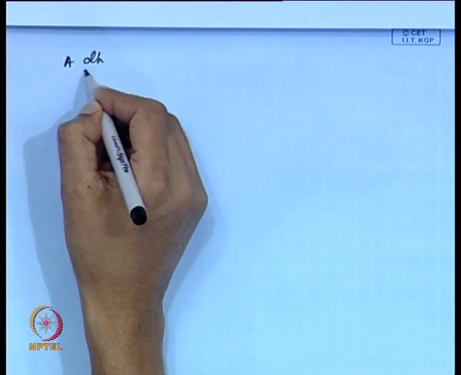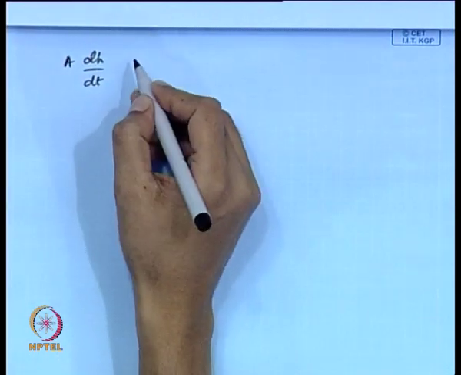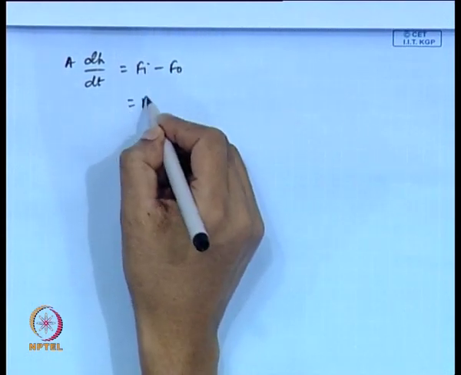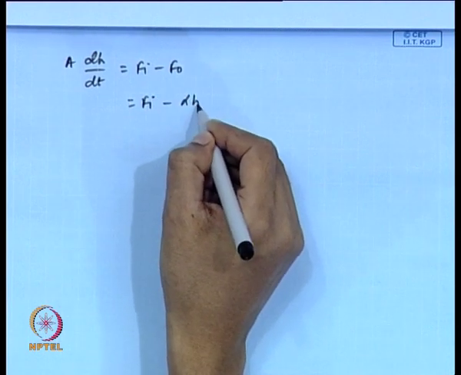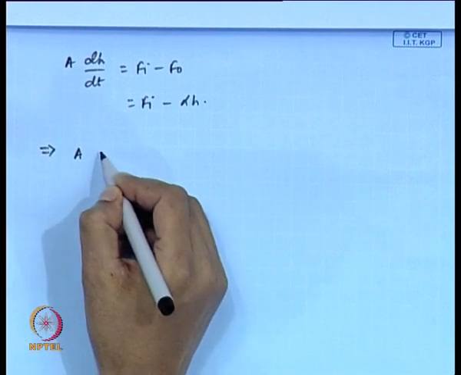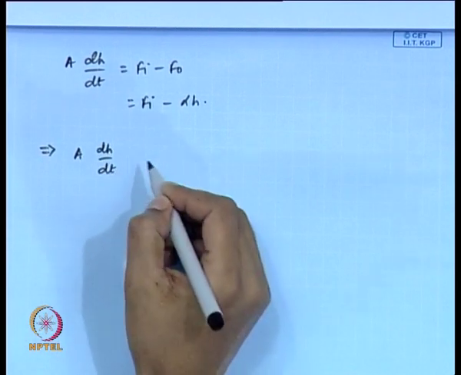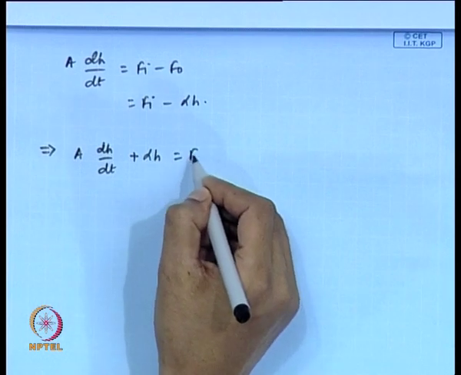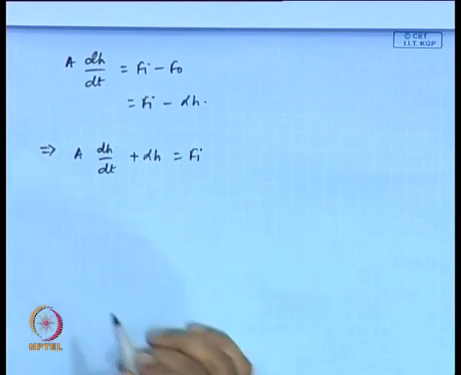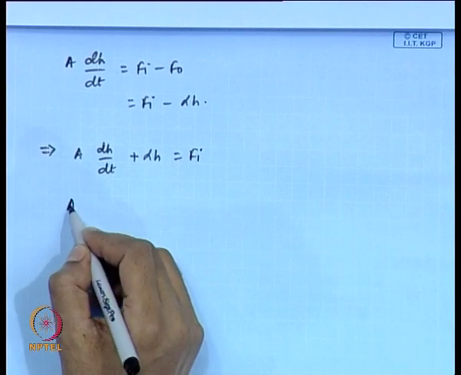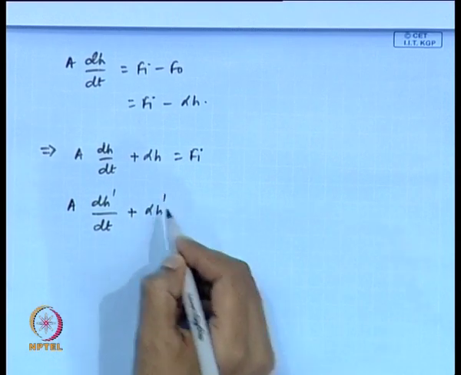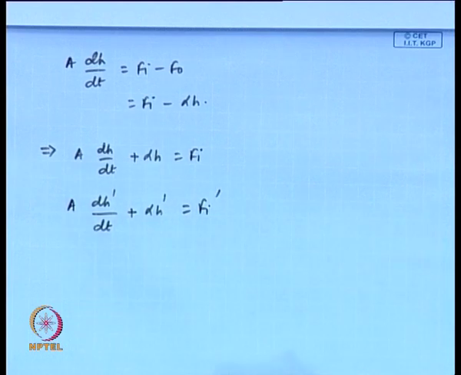A dh dt equal to F i minus F naught equal to F i minus alpha into h. So, A dh dt plus alpha h equal to F i. If we write in terms of deviation variables, we will get A dh prime dt plus alpha h prime equals F i prime, fine.